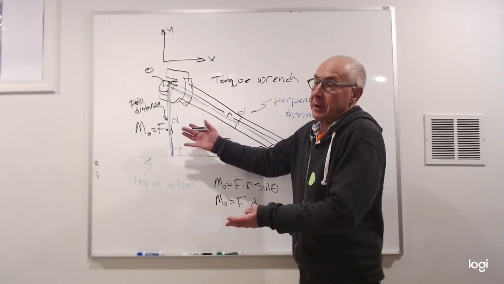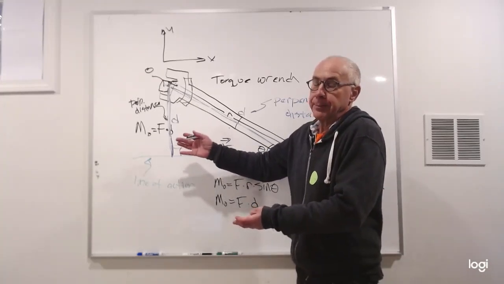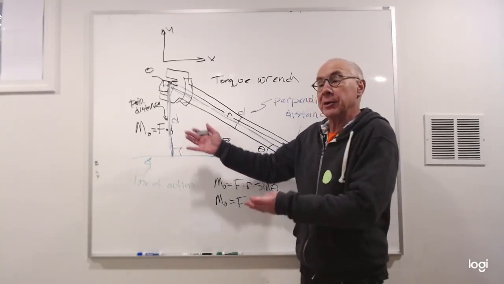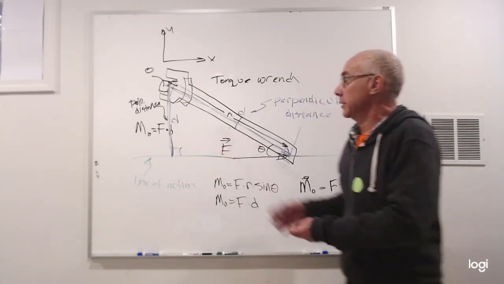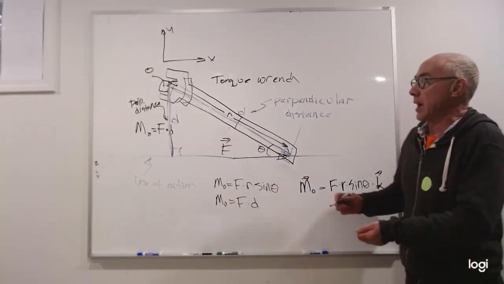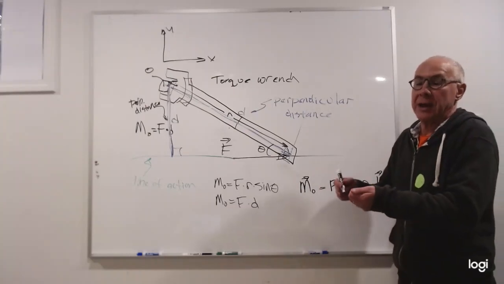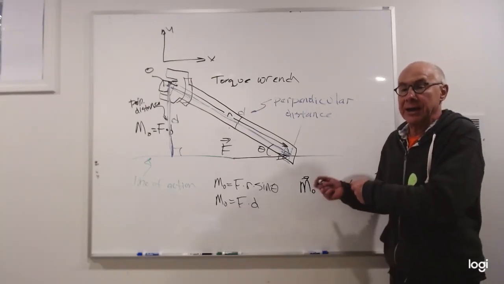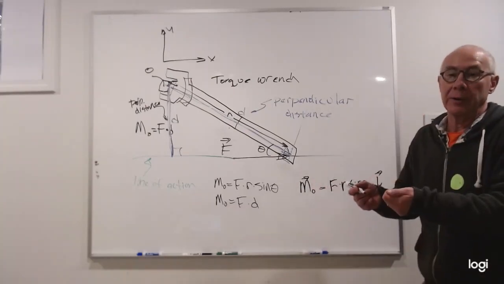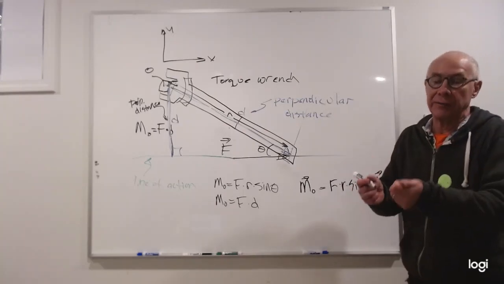So in this case, the vector is perpendicular to this xy plane. And you might wonder, why is it not into the board or out of the board? How do we decide if it's into the board, in other words a negative k value, or out of the board, a positive k value, in the direction of z?